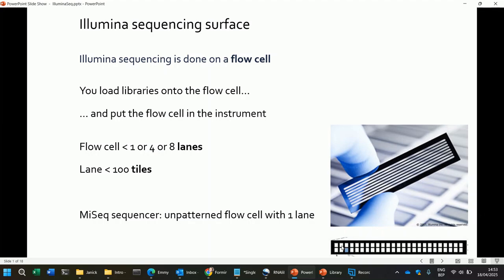Then the camera moves, and it will take a picture of this part of the flow cell, so from this tile. Then the camera moves again, and it will make a picture of the third tile, and so on. So basically, a tile is the part of a lane that is captured in one picture that the camera makes. And during sequencing, for every lane, the camera will make exactly 100 pictures.